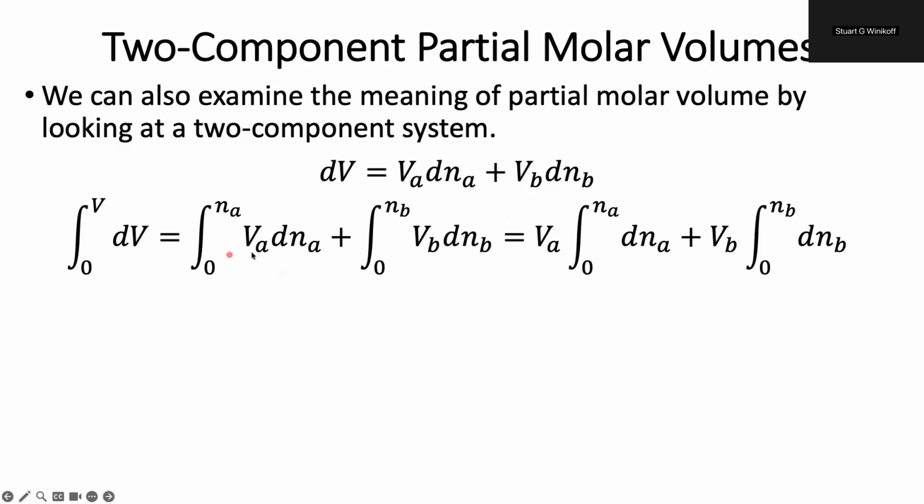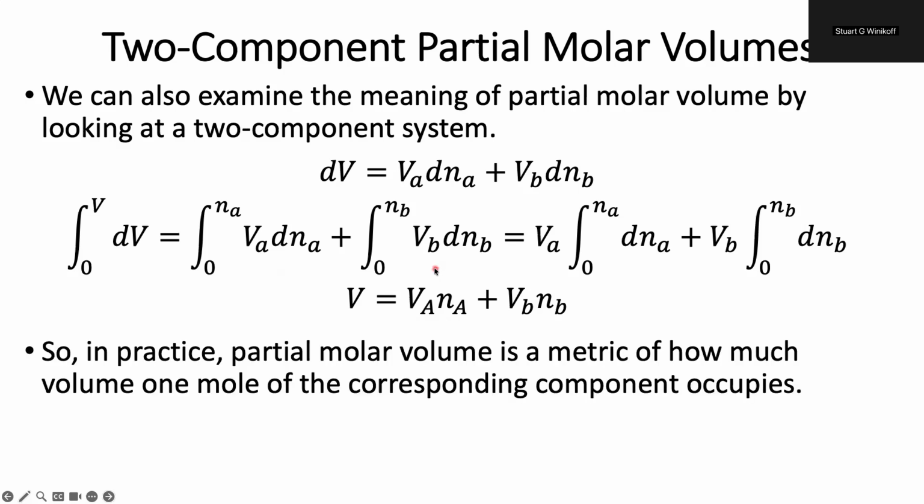Now, it means I can get my total change in volume simply by integrating both of these independently. Now, we're going to assume that the molar volume has no mole dependence, so it should come out as a constant. And so we should have a simple integration, meaning I should get the total volume simply by adding the molar volume of A times the moles of A plus the molar volume of B times the moles of B. Now, again, we're doing this by assuming the molar volume doesn't change with moles, which is a little bit of a simplification.